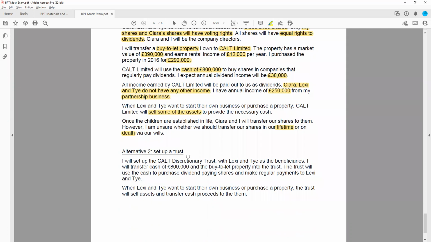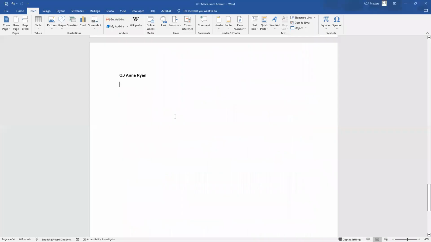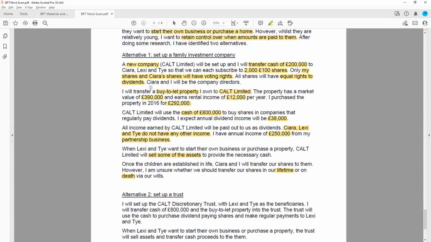So we can kind of see what's going on here. Let's not look at alternative 2 yet. Let's just take it one alternative at a time. So we've got alternative 1 first of all, or method 1. There's clearly quite a lot going on here, but I would just take it one at a time.